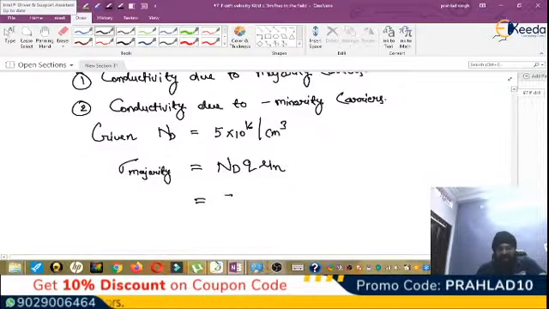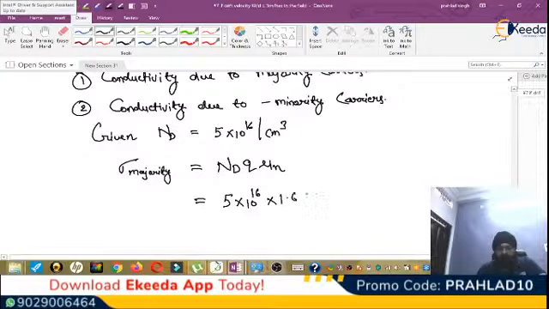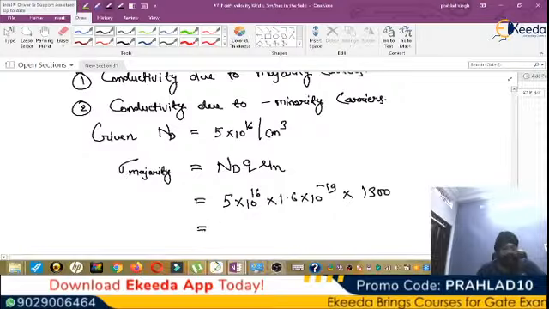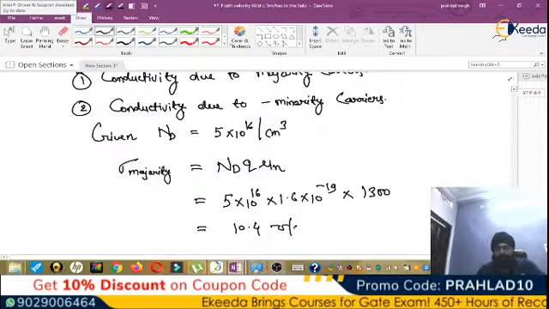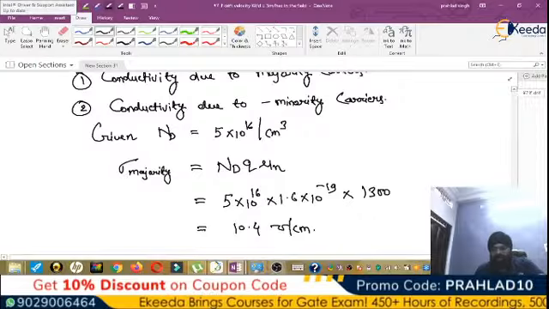Nd is given as 5 into 10 to the power 16, into mu n, which is given as 1300. And this answer is 10.4 mho per centimeter.